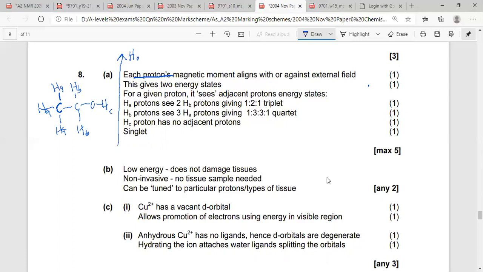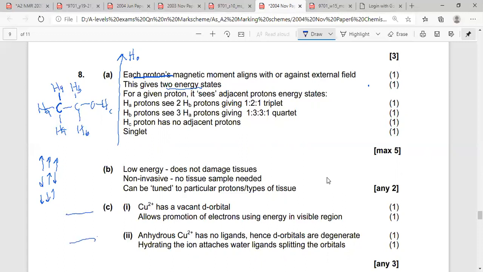That means this one can go up, up, up, or can go down, up and down, or down, down and up. That means it can align with or against. There are only two choices for every hydrogen, and because of this, every proton here can give up to two energy states. Because remember, when there is a magnetic field, they will split in two parts.